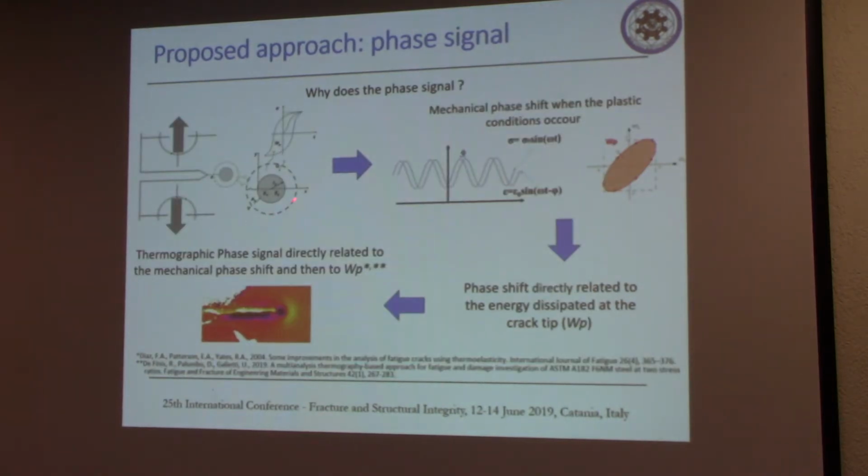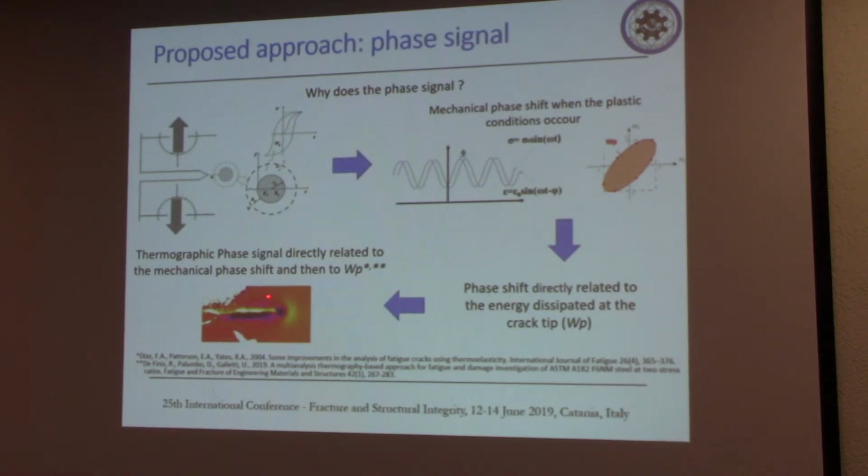Okay, we can consider the plastic area at the crack tip that is characterized by a hysteresis loop. Hysteresis loop means a mechanical phase shift between stress and strain. So this mechanical phase is strictly related to the area of the hysteresis loop.